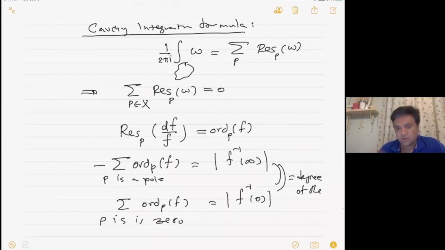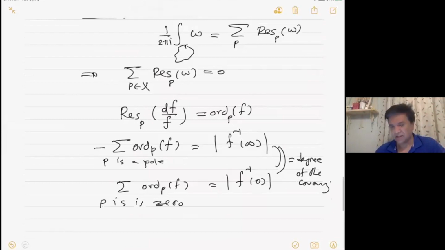Since these two numbers are the same, if you add them without the minus sign, we get 0. This has the advantage of being able to be generalized to the case when you're working over other fields, but you need to set up the language properly so that you can talk about the degree, because the theory of covering spaces is a topological theory that only works over C, but you can make this work over any field.